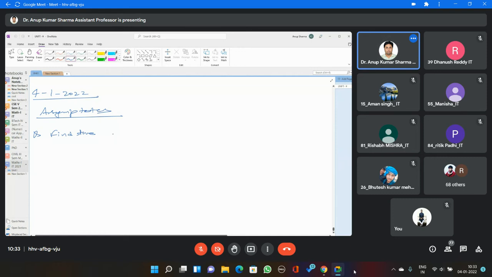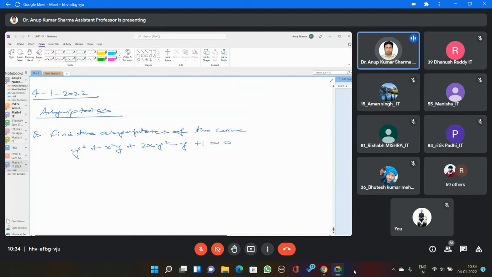Find the asymptotes of the curve. The curve is y cube plus x square y plus 2xy square minus y plus 1 is equal to 0.